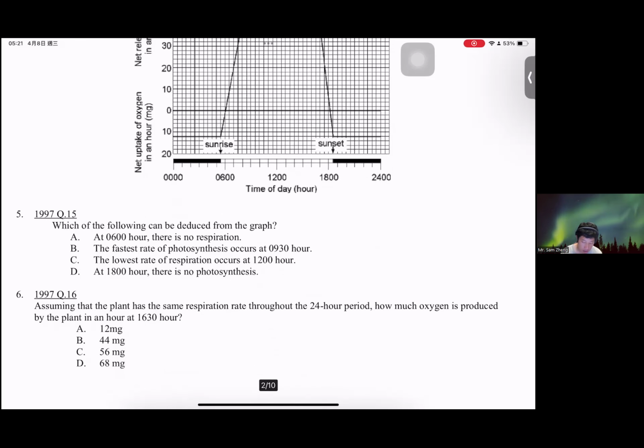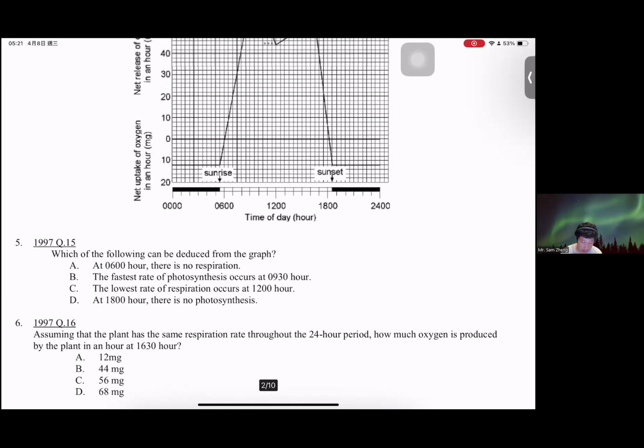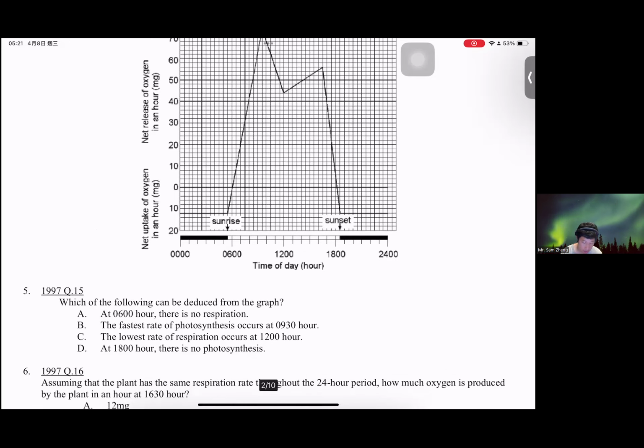Which of the following can be deduced from the graph? First, A, at 6 a.m. there is no respiration. Definitely not, because if it is living, then it must be having respiration. Remember that respiration is a must. All of us require respiration, so it is not possible for living things to have no respiration. So the first statement is not correct.